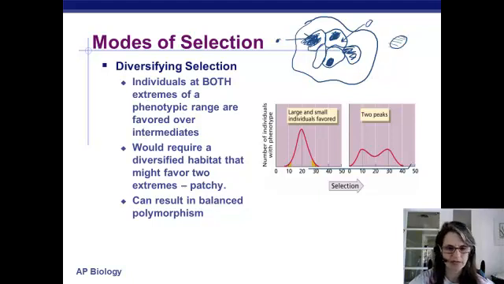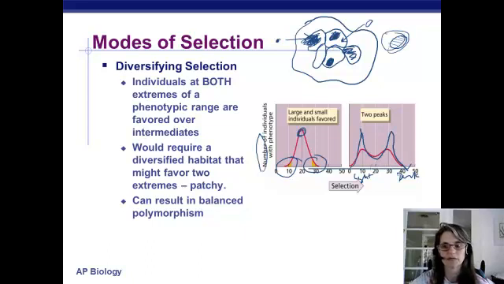That's diversifying selection, where the extremes here and here, for example, are favored over some intermediate form, and what you get is this double peak in the curve. If this is again number of individuals, you'd have lots that are perhaps very light and lots that are perhaps very dark, but very few that survive that are something in between because there's no environment for them.